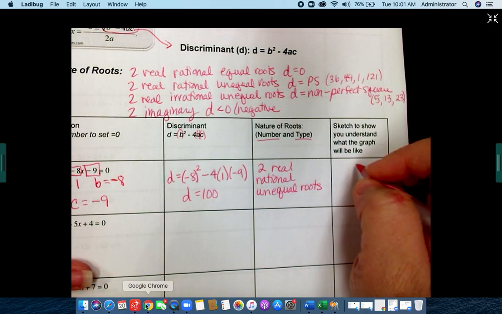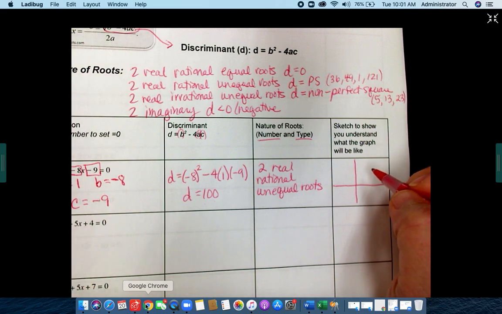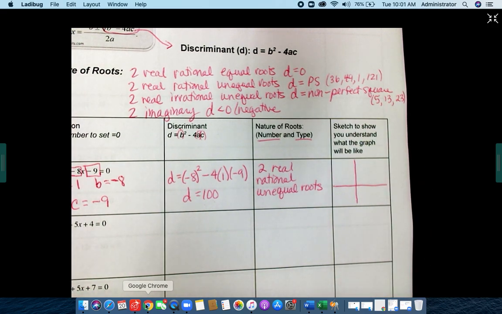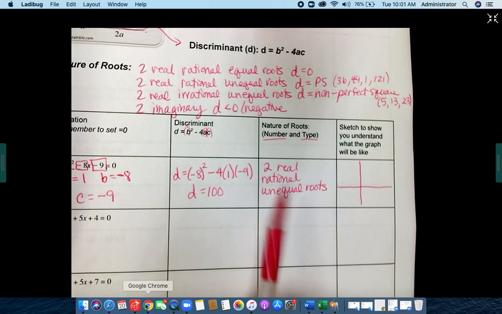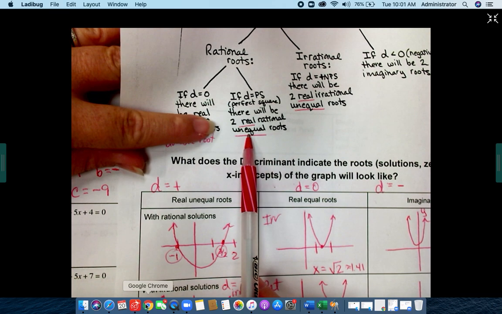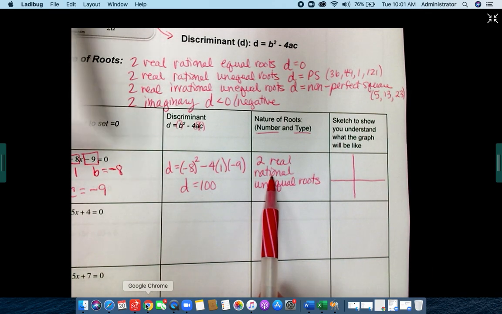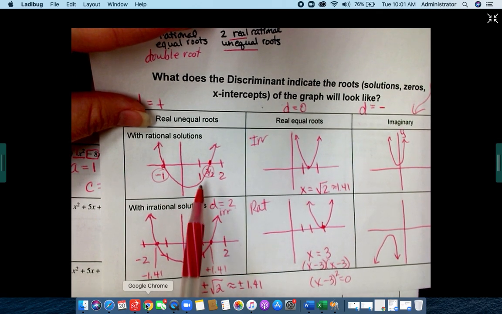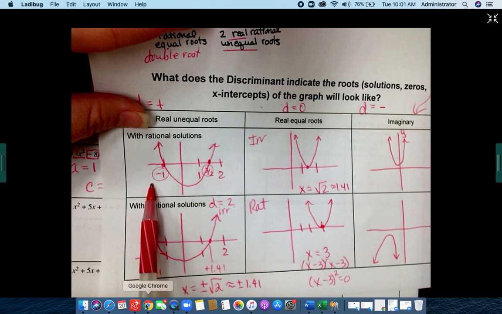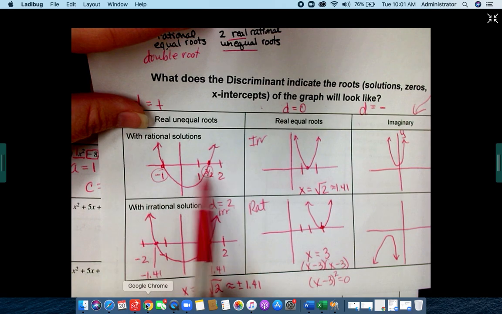So what does that mean? It means when I graph it, if you need to refer back to the chart where I drew the graphs, I have two real unequal, and because it's a perfect square, I wrote rational. Two unequal rational, then I'm going to get a positive and sometimes positive negative, sometimes a negative negative, sometimes one of each sign.